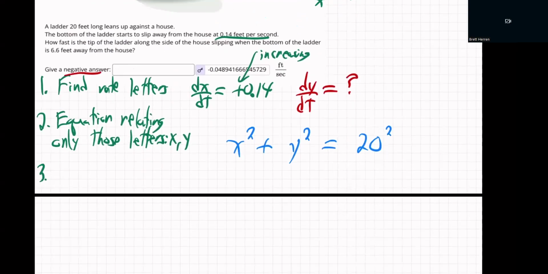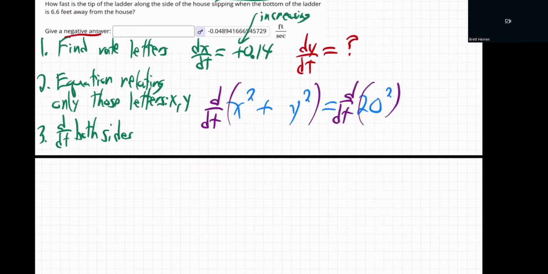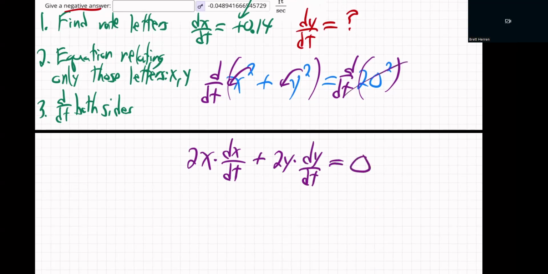All right. Step three, d/dt both sides. So d/dt this side and d/dt that side. Bring down the two, we get 2x dx/dt plus 2y dy/dt equals, that's just going to be 0, because the rate of change of a fixed number doesn't vary, it's just 0.